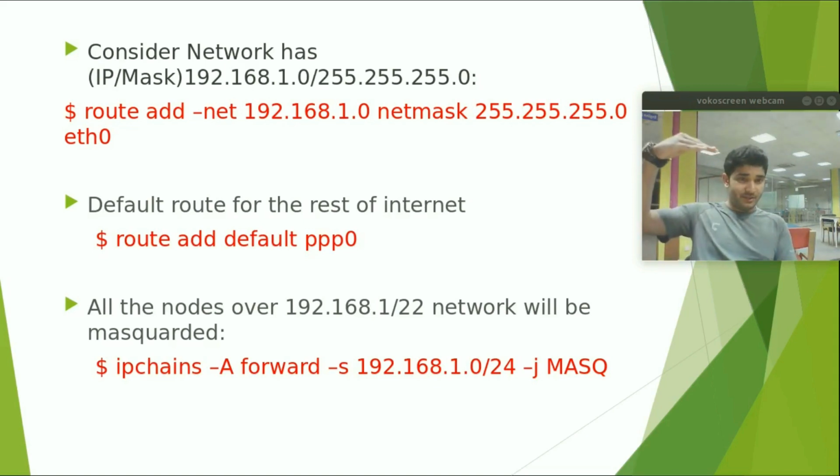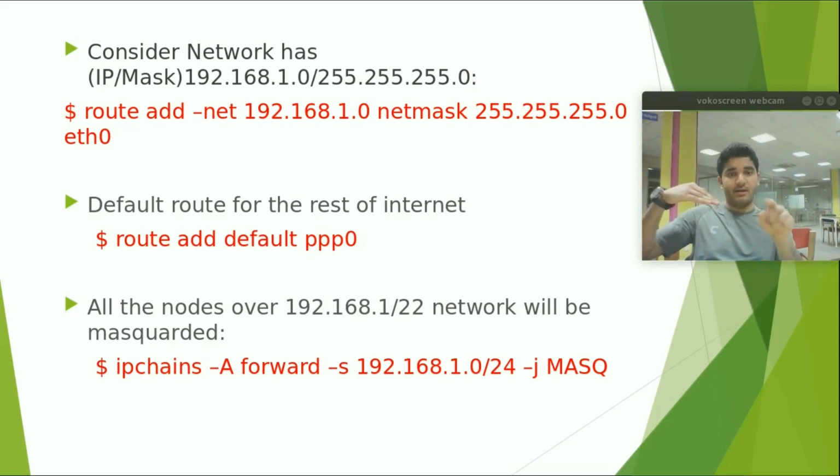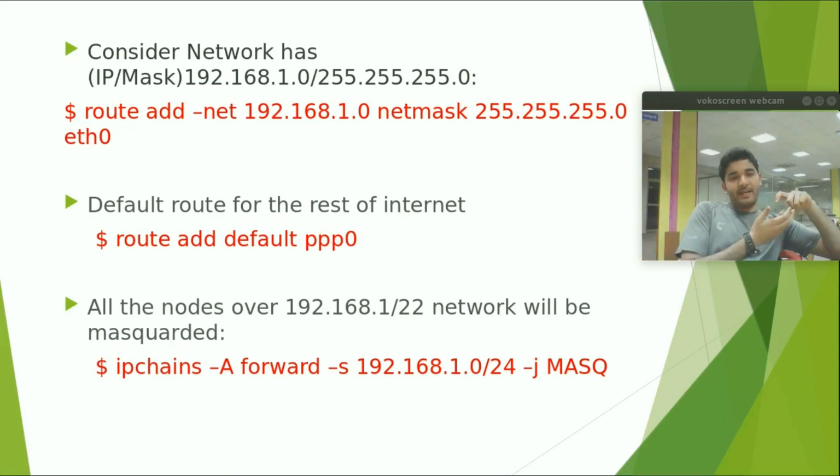When you execute these three commands, because of the last command, it is going to masquerade all the IPs above 192.168.1.0. So dot 0 is basically the first IP, and above that, 168.1.1, 168.1.2, 168.1.3, and so on. All the nodes that you would have on your system are going to be masqueraded. Okay, so I hope you have got the point.